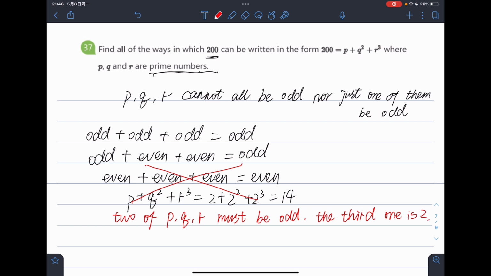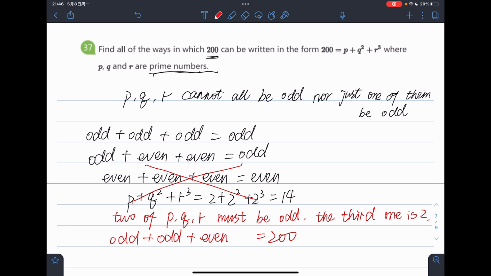All right, so we have odd plus even, which is 2, equals 200. Okay. Therefore, we can verify it one by one.